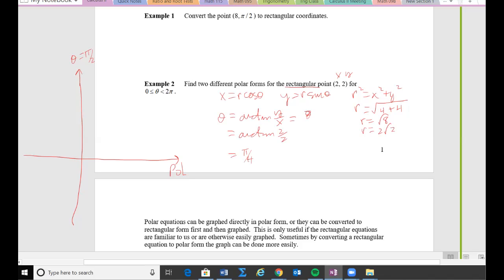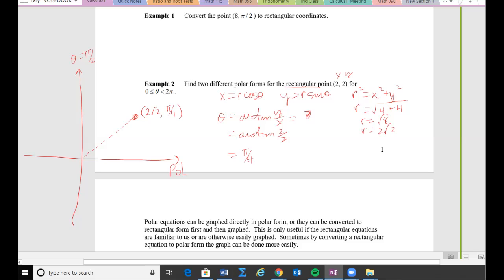So that's our first one here. Here's our point. Okay, there's r theta. Now, that's one of them, and it fits because pi over 4 is between 0 and 2 pi.